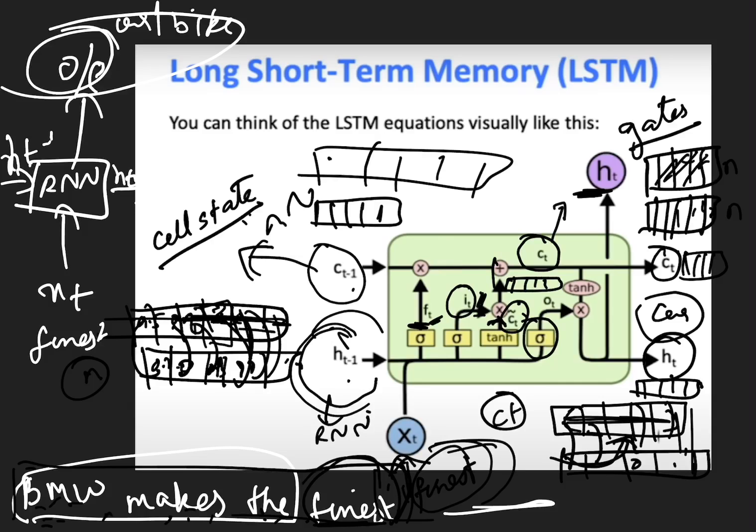Now, to get this ht vector, this is my output gate. My output gate will go to my cell state and say, okay, you've got all the information, but to say car, I don't need all of that information. Just give me information enough with which I can get my ht.